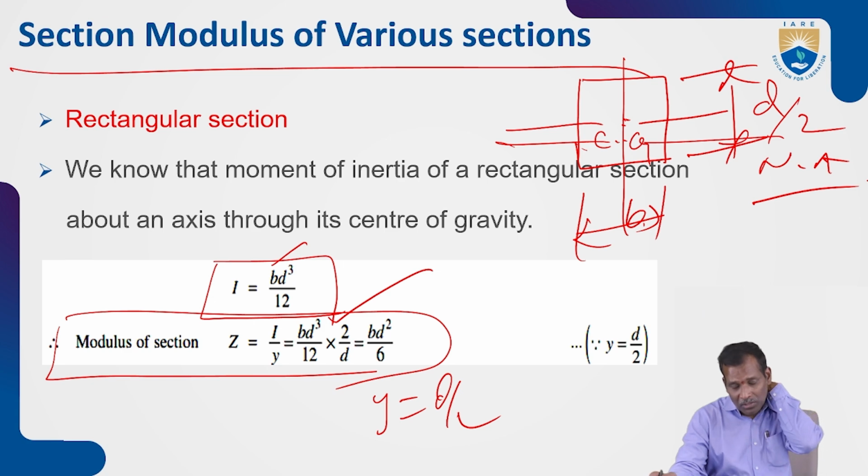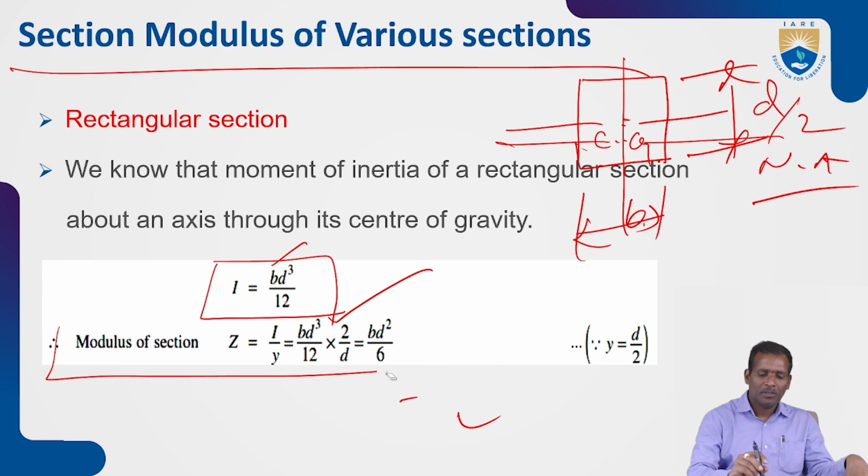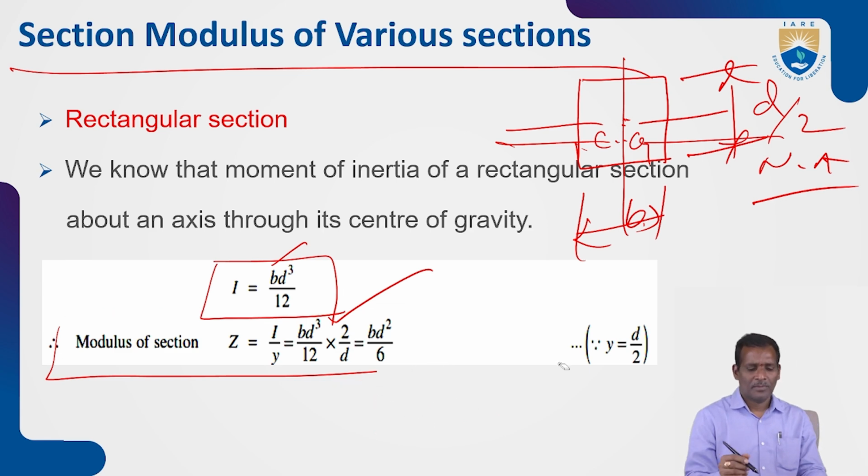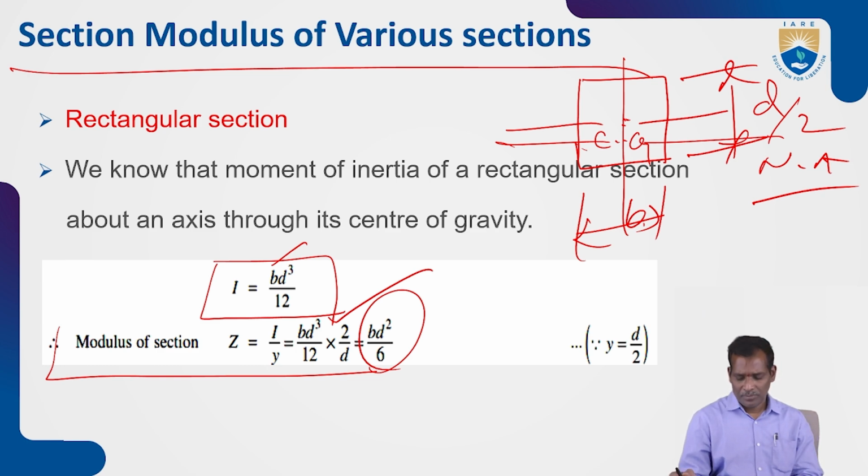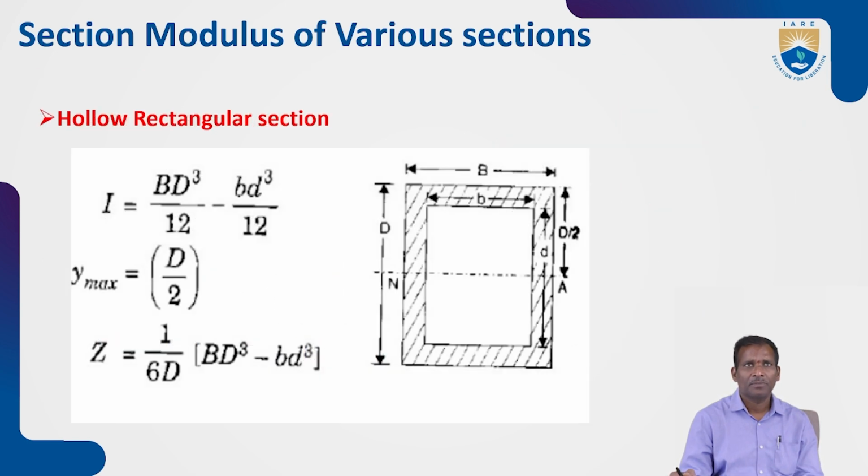The neutral axis passes through the center of gravity, so there is no area moment. Now calculate the Z value. We will get BD square by 6 for the rectangular section.